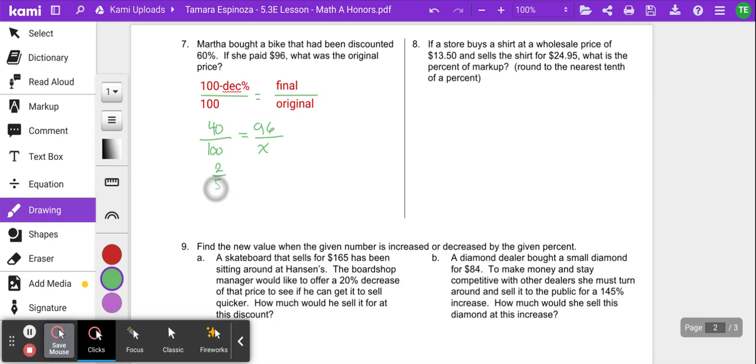That's going to make my life way easier. So I like to reduce. Now I can see what I need to scale up by. I know that 2 times 48 is 96. So I'm going 5 times 48. And when I do that, I get $240. So what did she buy? The bike.